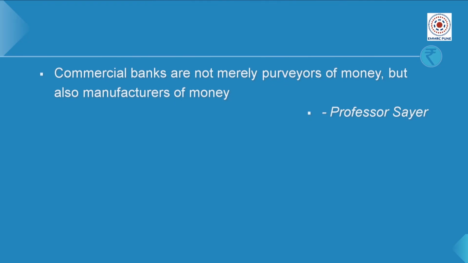As Professor Sayers has rightly said, commercial banks are not merely purveyors of money, but also manufacturers of money. Like Professor Sayers, there are many economists like Professor Keynes, Halm, Crowther and others who agree that commercial banks do create credit. So, we have to first understand the meaning of the word credit.